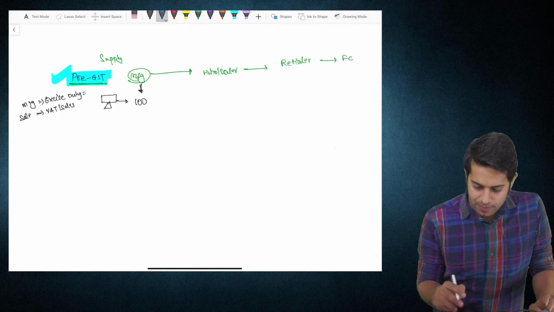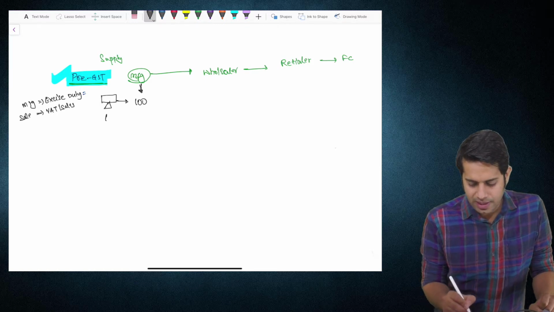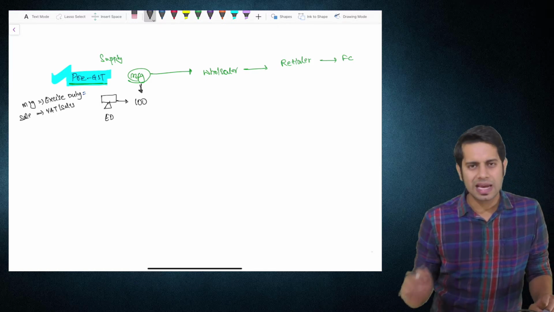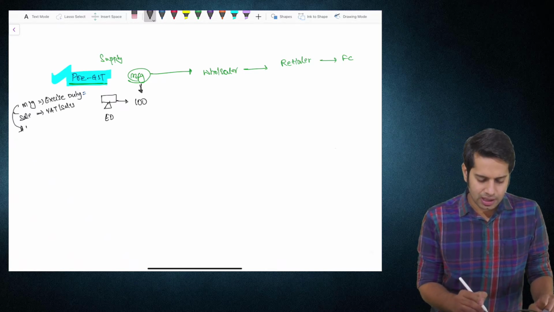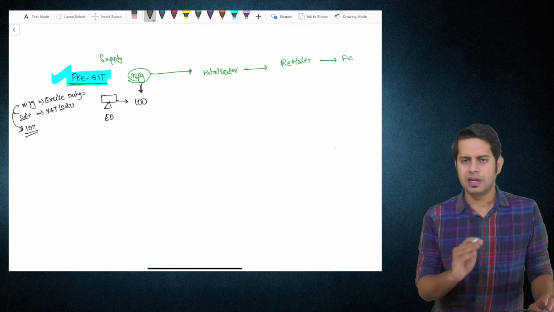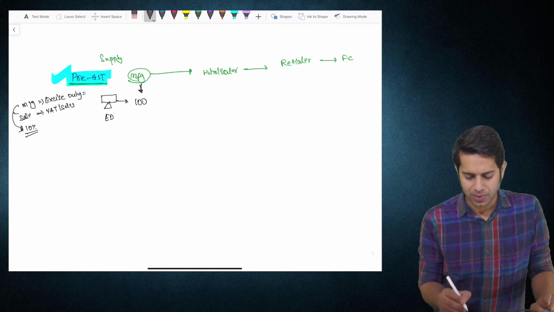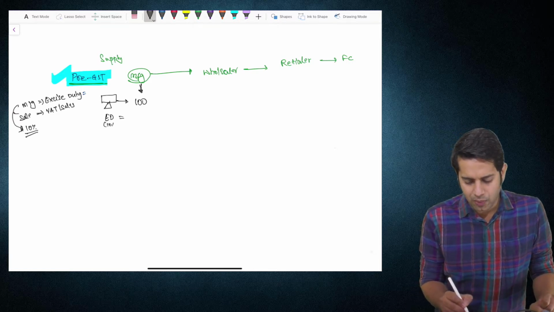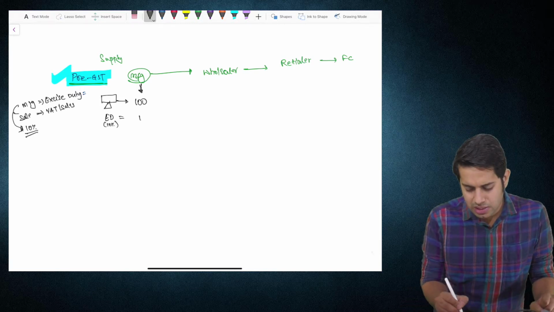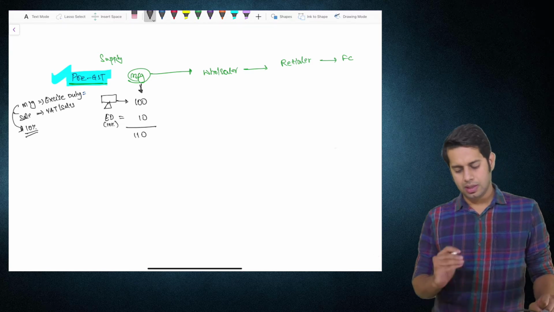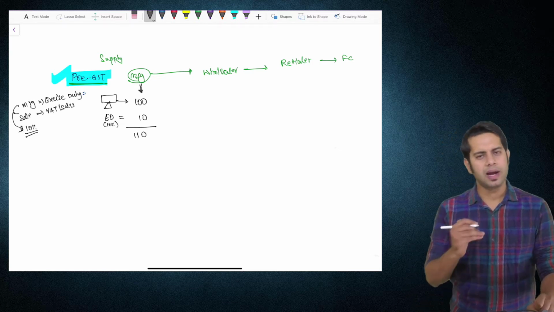For easy calculation, we will take both the excise duty and VAT rate to be 10%. So he has to pay excise duty at 10%. How much? 10 rupees. So his total amount became 110 rupees.